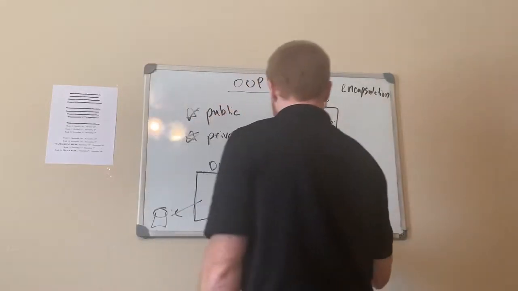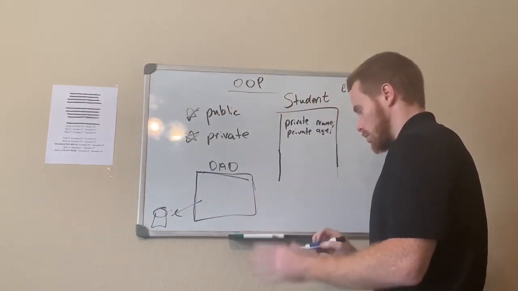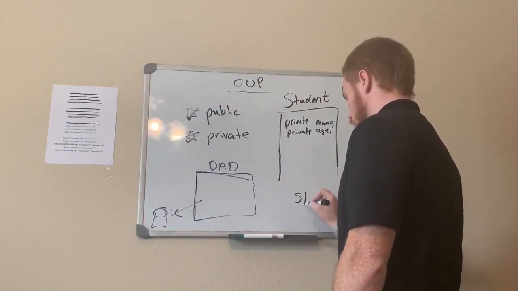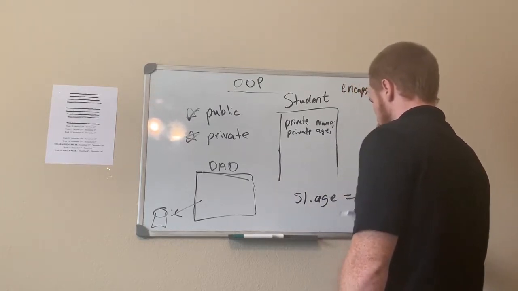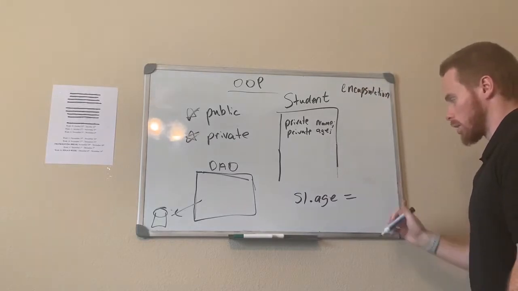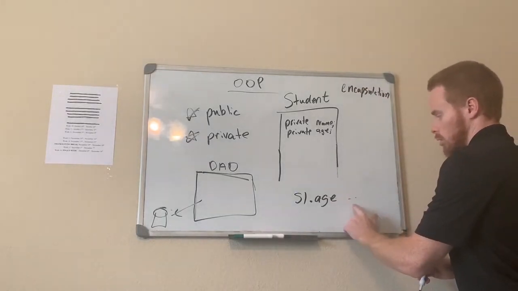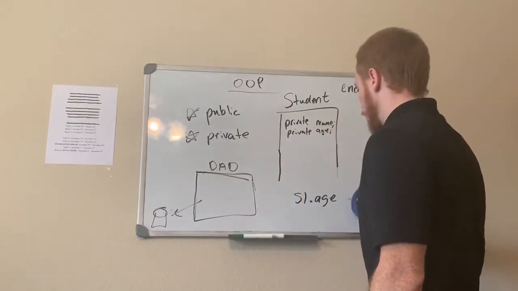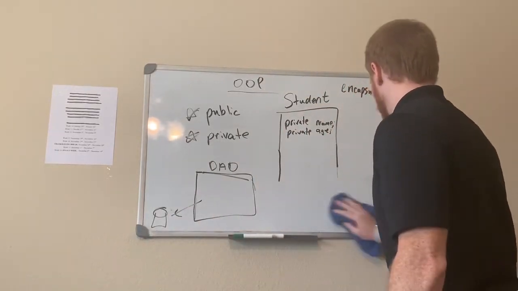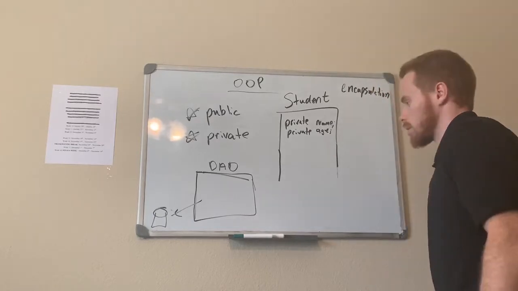If we created that student1 object, or that S1, we can't say S1 dot age and assign it whatever we want, or use this to grab the value. We can't do that when it's private. You don't have access to it.